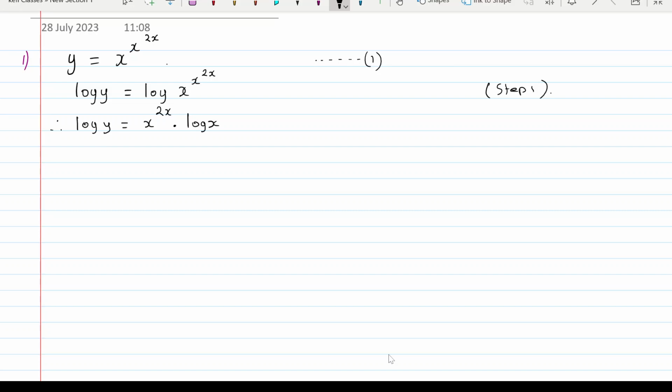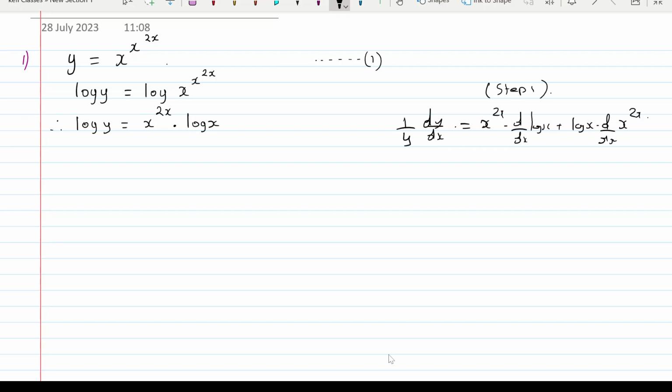Now see, let's do a quick calculation. Okay, a rough calculation of mine. Normally the next step would have been to use derivatives, and my answer would have been derivative of log y, 1 upon y dy by dx. And to solve this I would have to take product rule, that is x raised to 2x into d by dx of log x plus log x into d by dx of x raised to 2x.